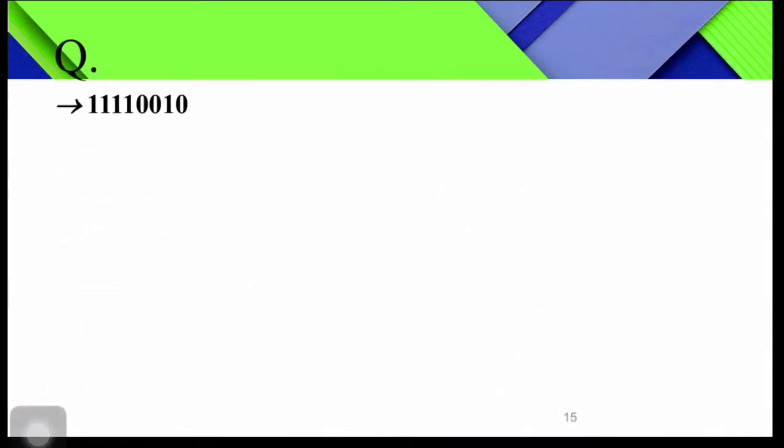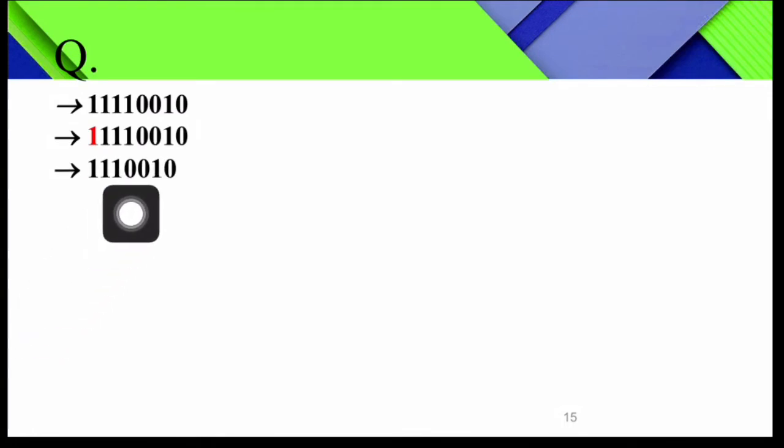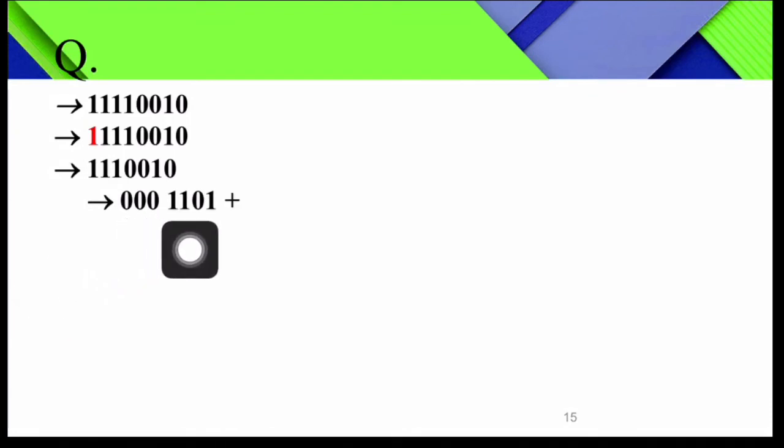The first number is given as 1111010. Now you look at this MSB. Since the MSB is 1, it is clear that this is a negative number and the remaining 7 bits are the 2's complement of the binary representation of that number. So here the MSB is written in red color and the remaining 7 bits are separated here. When we replace all zeros here with a 1 and all ones with a 0, we get the ones complement as 0001101.